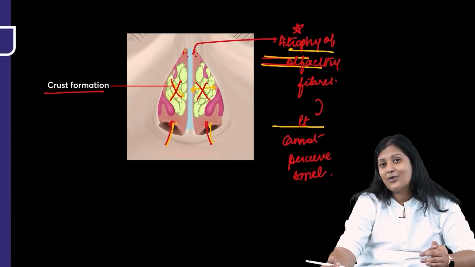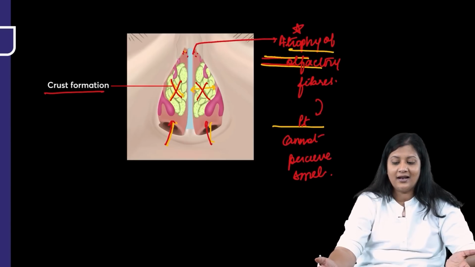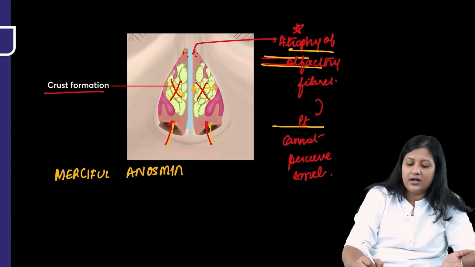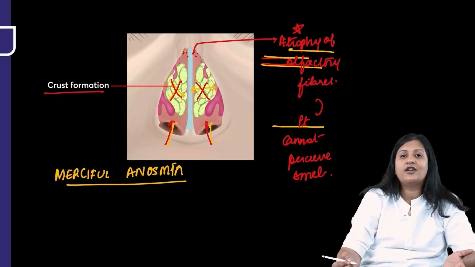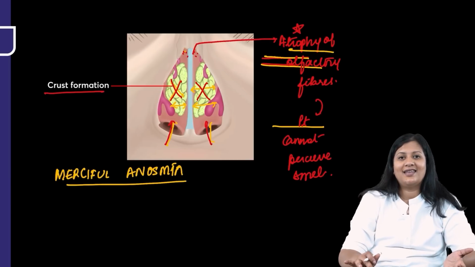Once there is atrophy of the olfactory epithelium, the patient cannot perceive smell. That is why the patient has what we call merciful anosmia. So merciful anosmia is a feature you see in atrophic rhinitis. There are wide nasal chambers and crusting inside the nose.